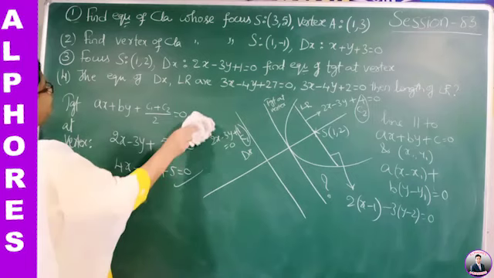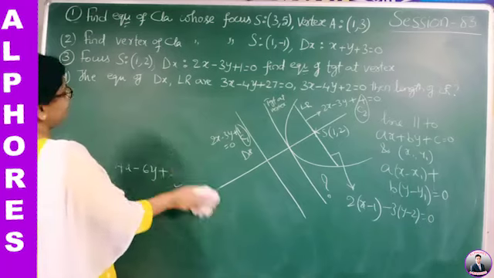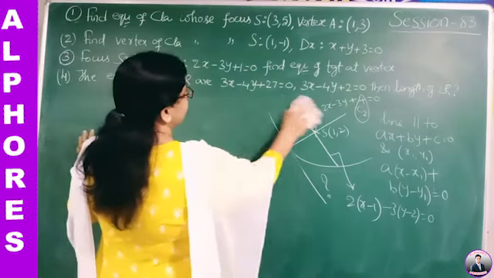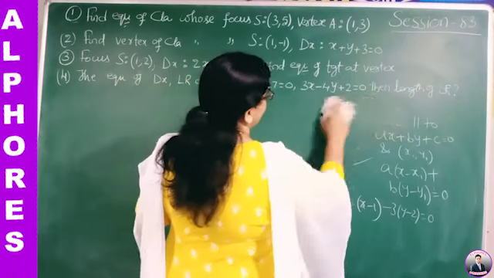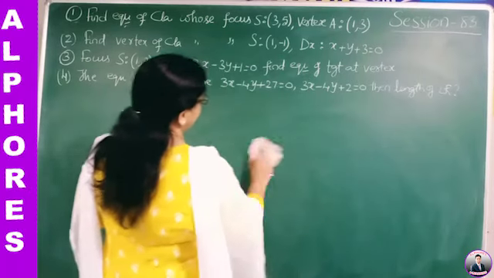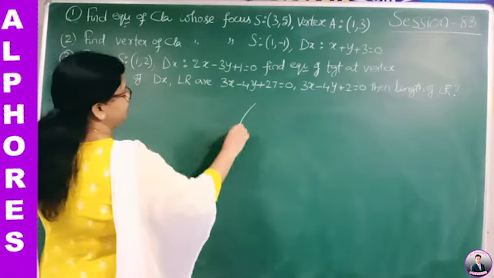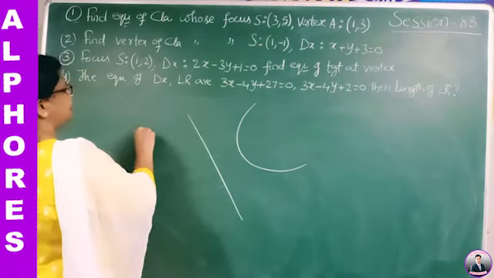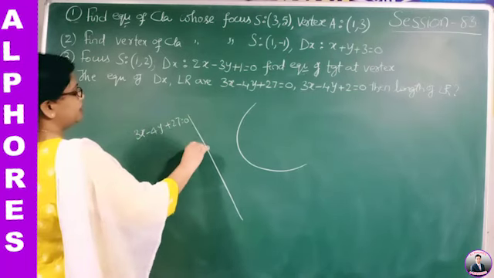Now observe the fourth problem. What is the data given here? For a parabola, the directrix is given, the latus rectum is also given, and they are asking for the length of the latus rectum. So what is the data given here, students? The directrix equation is given: 3x minus 4y plus 27 equal to 0.